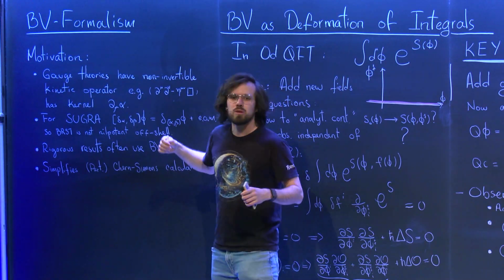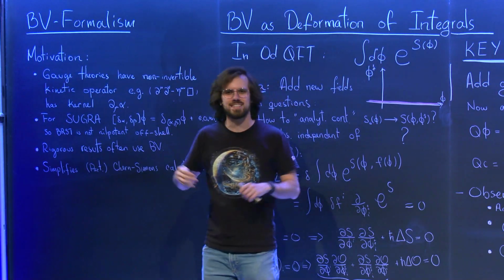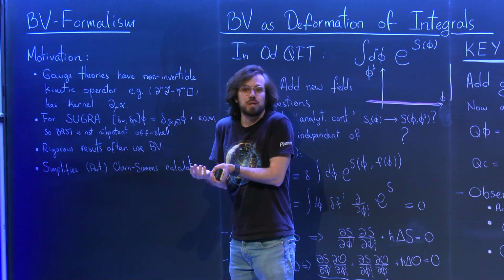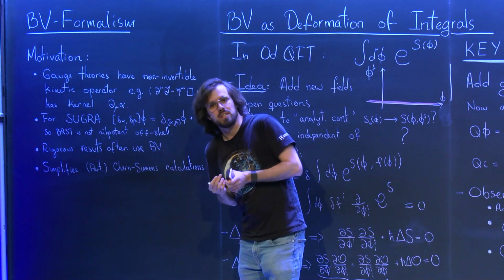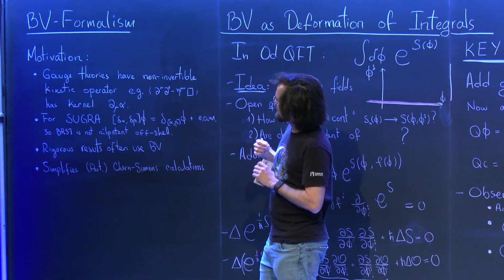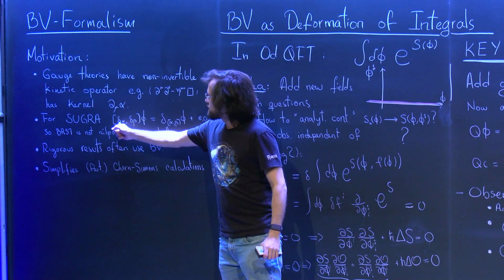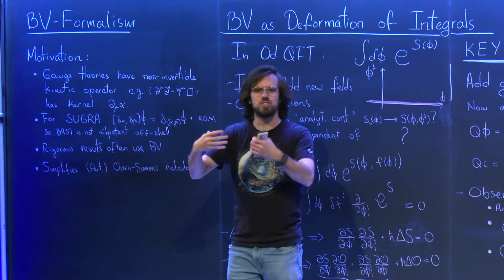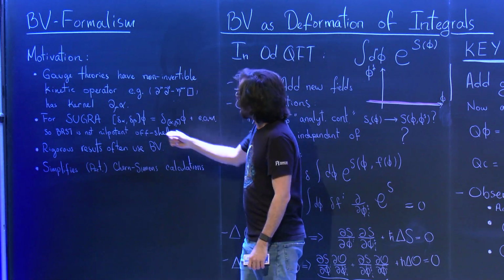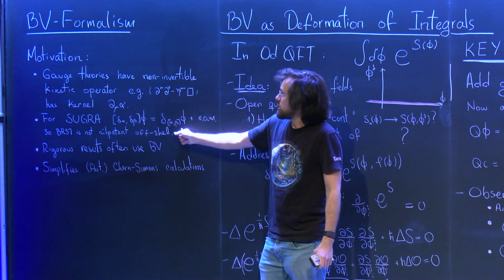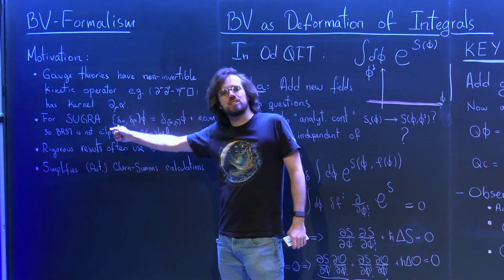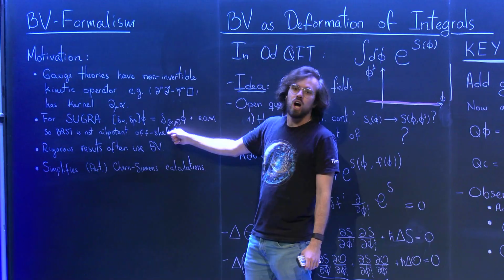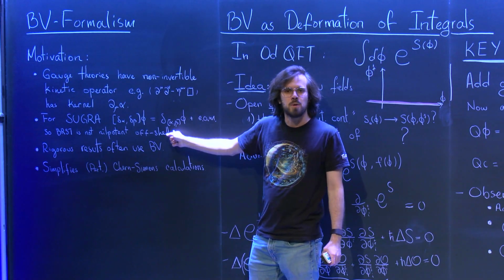Then another motivation might be that if you, by chance, end up studying supergravity, you will note that even if you knew BRST, you would encounter a problem. Because for supergravity, when you study the commutator of gauge transformations of these gauged supersymmetries, normally you hope that the commutator of gauge transformations translates into the gauge transformation of a commutator of your gauge parameters.